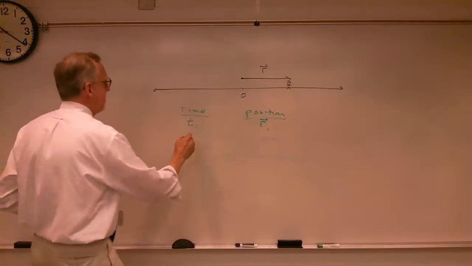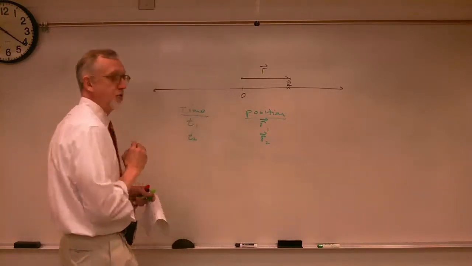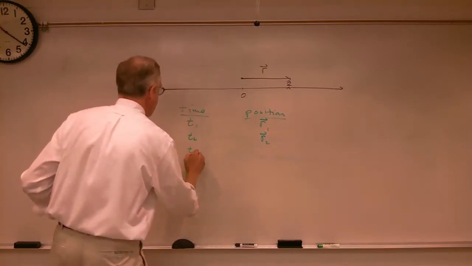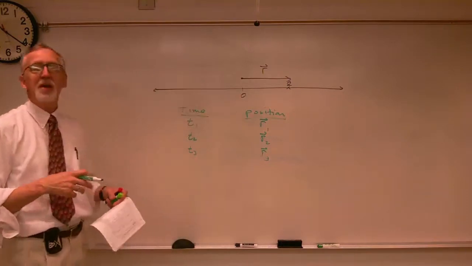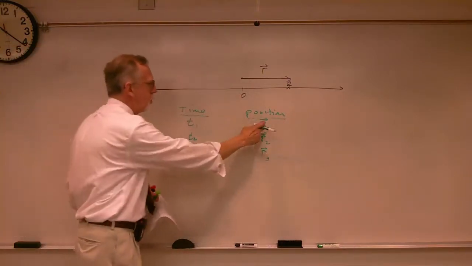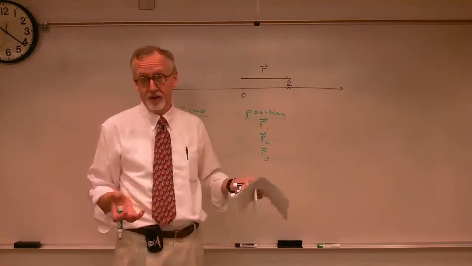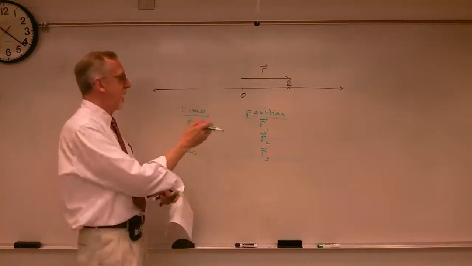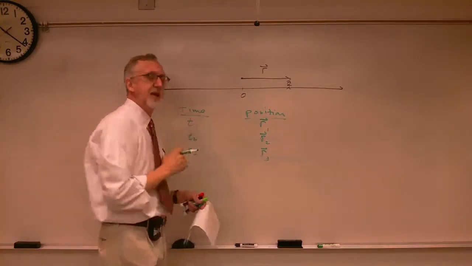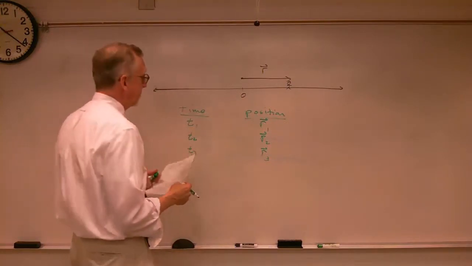At some later time, t2, our object is at some other position r2. Later time t3, our object is at some other position r3, and as long as the object is moving, r1, r2, r3 will all be different vectors. They could be the same vector, they could be different vectors. So this is one way that we can describe the motion, to say at what time the object is at a particular position.